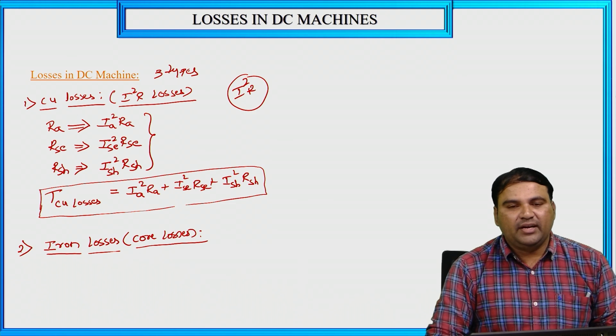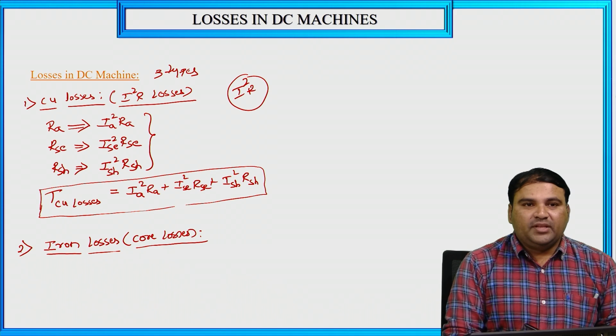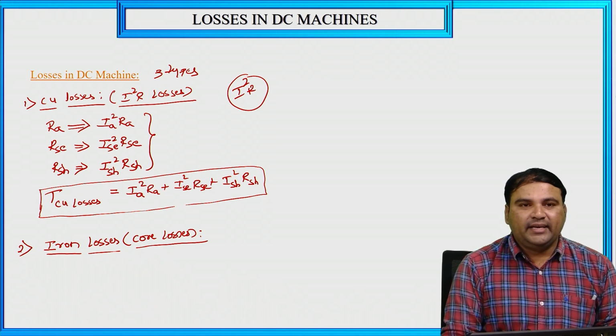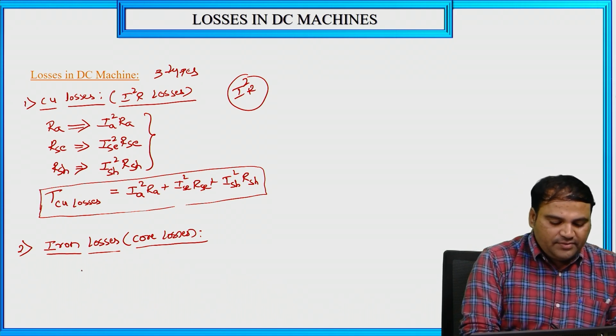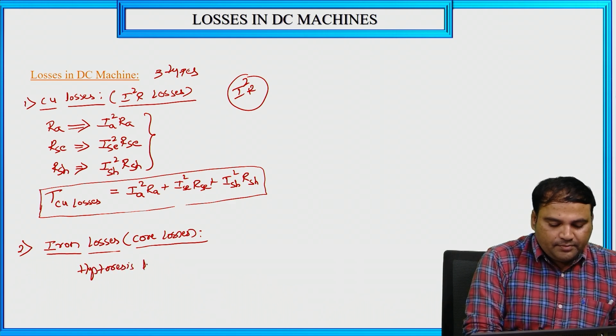These iron losses include hysteresis losses and eddy current losses.